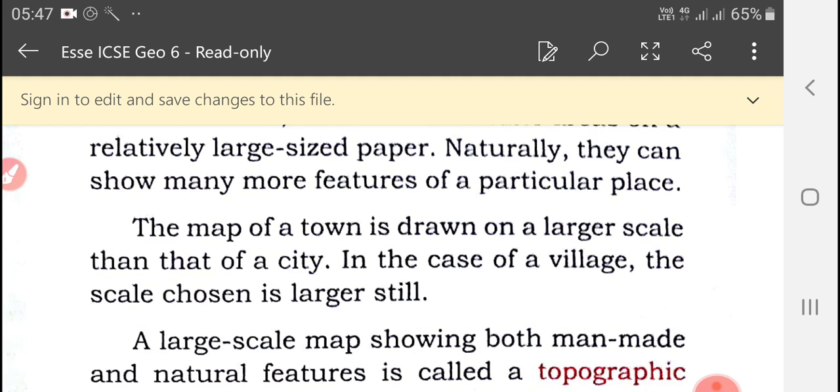The map of a town is drawn on a larger scale than that of a city, because the first thing you have to understand is that a town is small and a city is big. So that is why we get more details for a town. In case we draw a village, then we have to use a little larger scale.